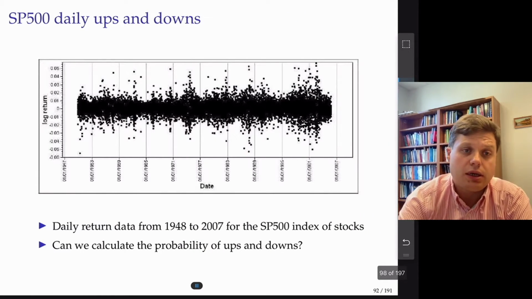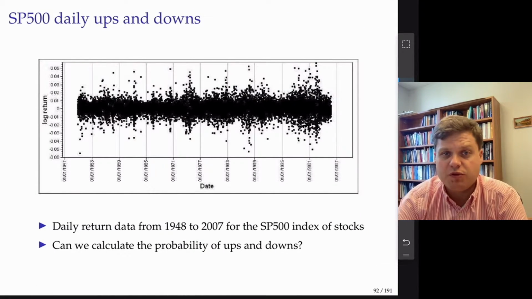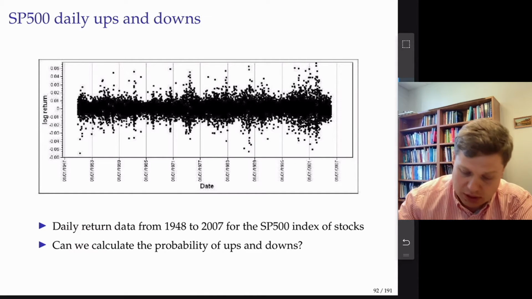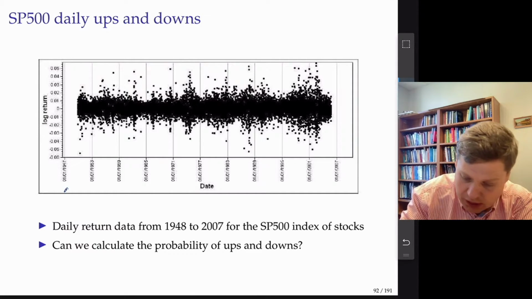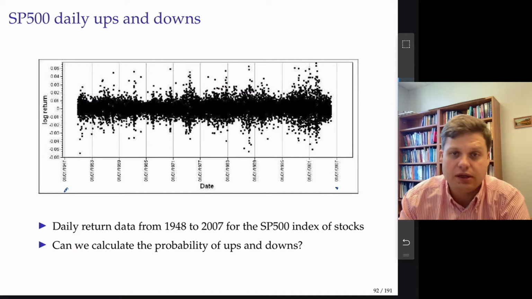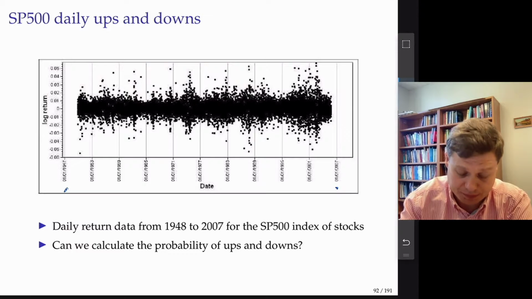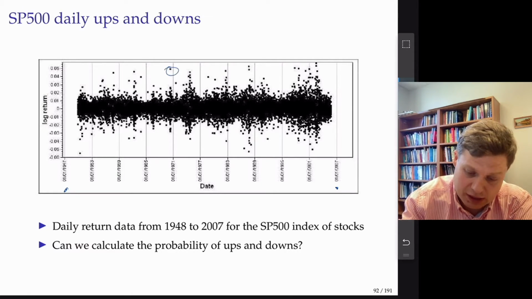Okay, so let's see a quick example of this Markov property. We're going to look at S&P 500 daily ups and downs. You have data here from 97 to 2007, 10 years worth of data, and what you see here is a daily return. Each dot is a daily return. You have some outliers here.